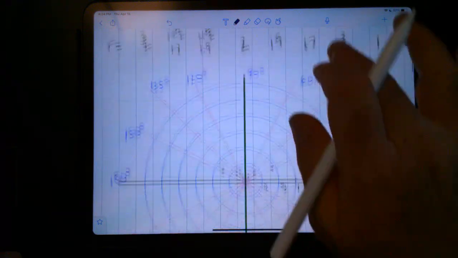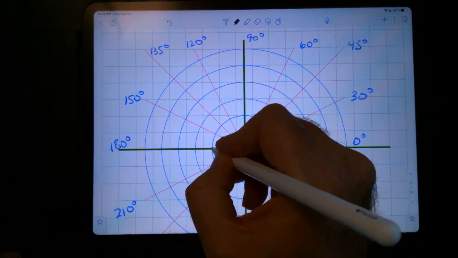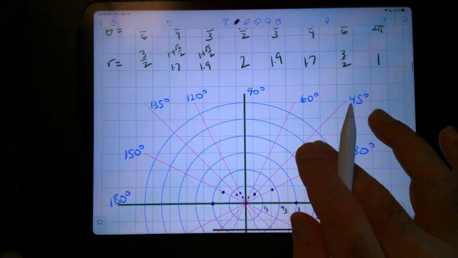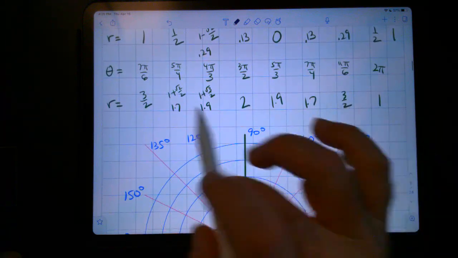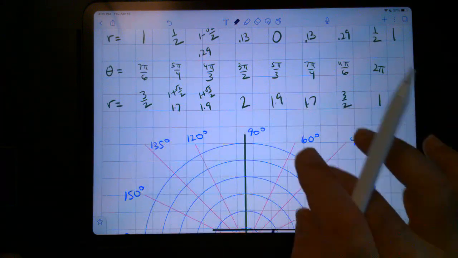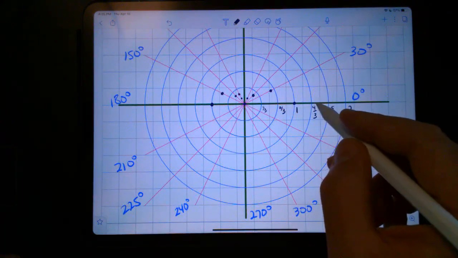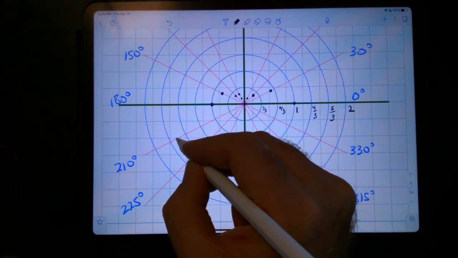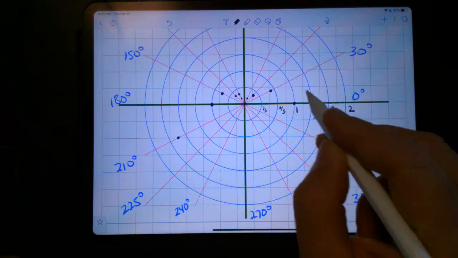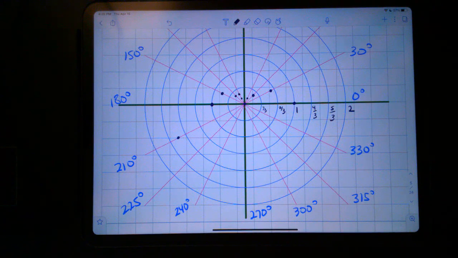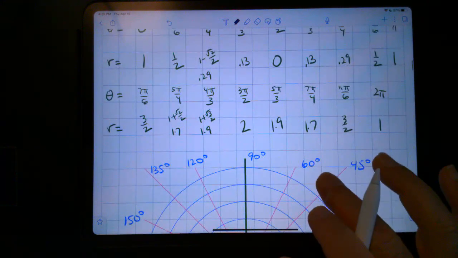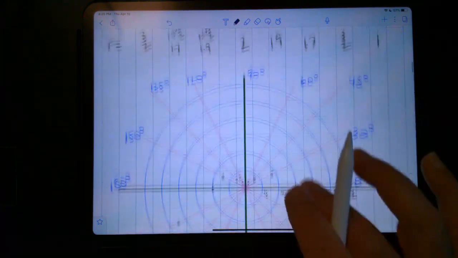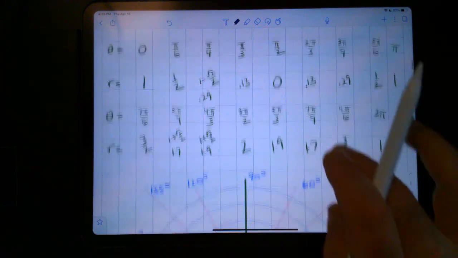When theta is pi, r will be 1. When theta is 7 pi over 6, r will be 1.5. When theta is pi, r is 1.